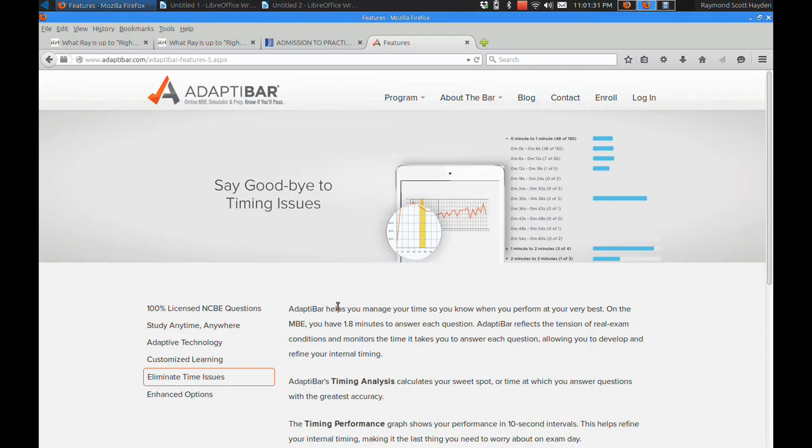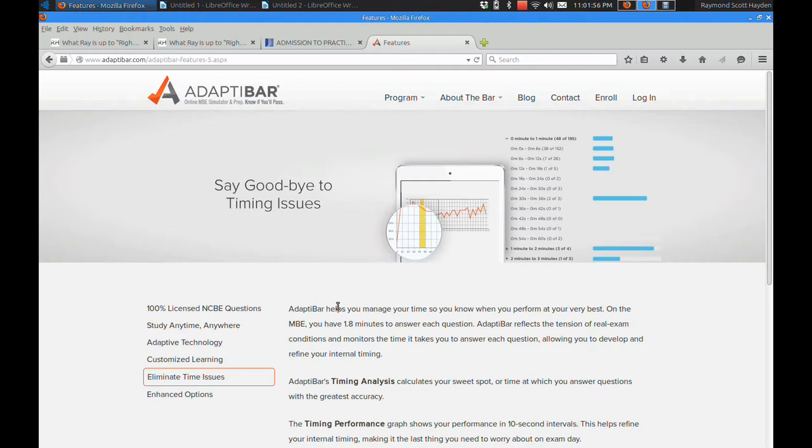When we hit a question wrong in the AdaptiBar system, the next screen, on every question, gives us the answers and explanations as to why the right answer is right and why the wrong answers are wrong. So when we get a question wrong and we have to research why by reading their detailed explanations, we actually pick up information that will help us out on the essays.